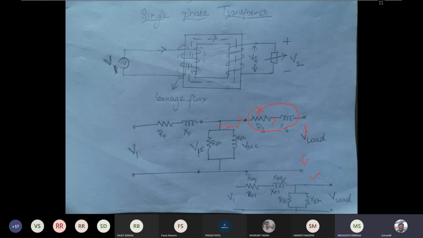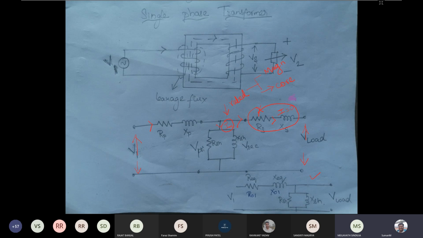Now this current will be very much lesser when compared to the rated current. This current is going to serve only two purposes: one is for the magnetization part, another is for the core loss. So you have to bring the rated voltage, and once you bring it to the rated voltage, there is going to be some current flowing through this path. Here the current flowing through this path is zero, so all the current flowing here is going to flow through this path.